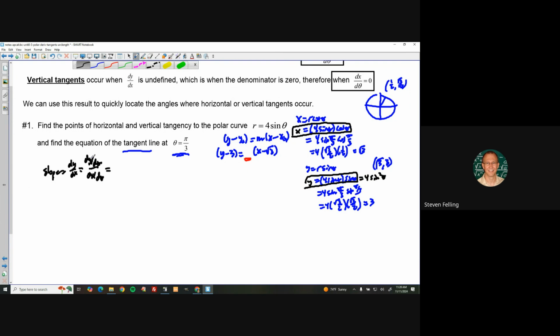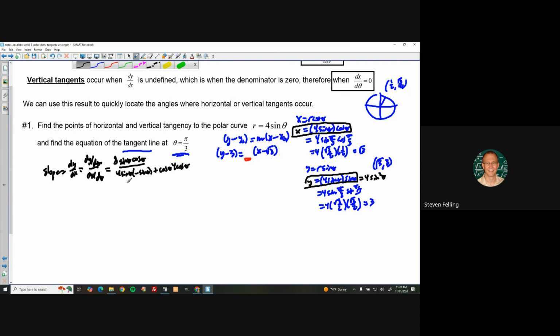Okay, so dy/d theta is the derivative of this equation, which is 8 times sine to the first times the derivative of the inside, which is cosine. And dx/d theta is this equation, which requires product rule. So that's going to be first times derivative of the second plus second times derivative of the first.